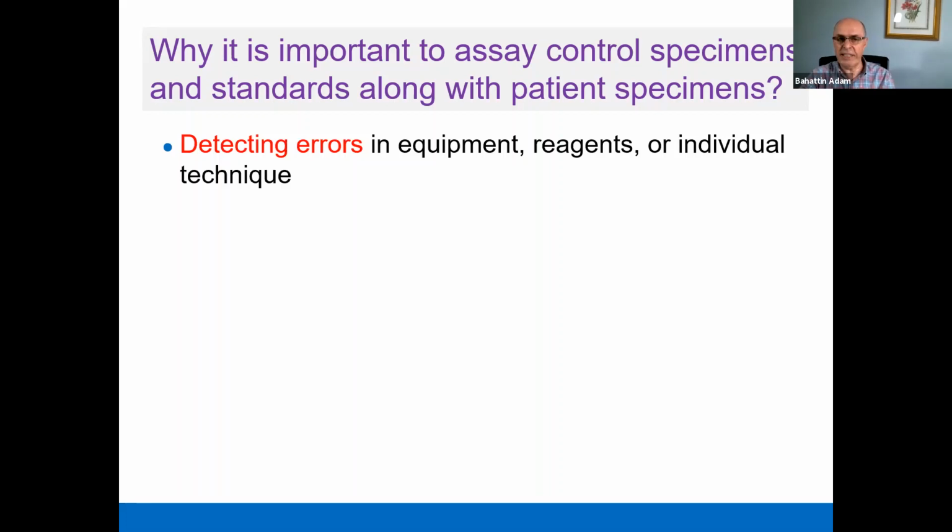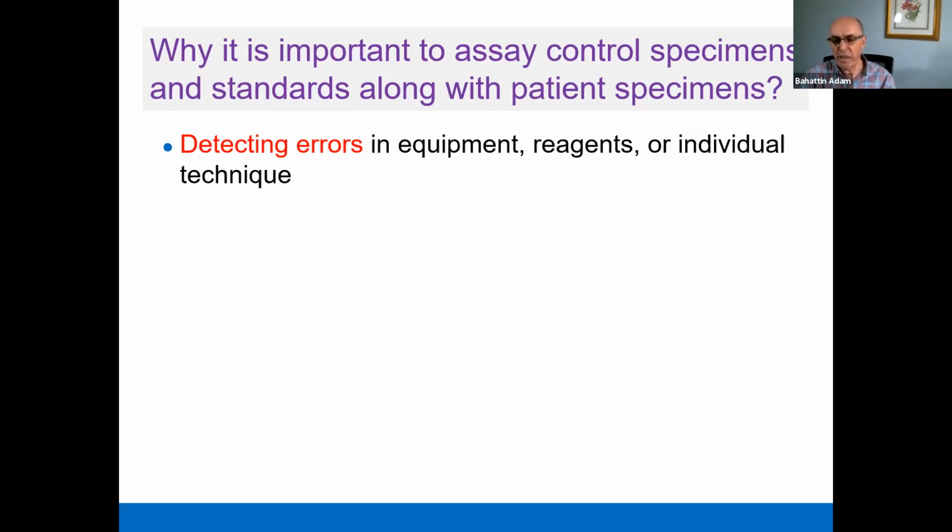The first one is detecting errors in equipment, reagents, or individual techniques. There are many sources of errors. It can be from your equipment, your instruments, or the reagents that you are using to measure the patient sample, or individual techniques.